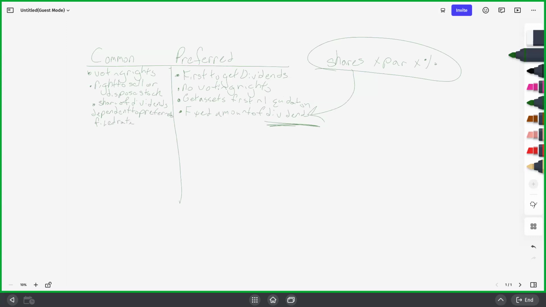There is one more thing for common stock. The last thing in common stock is that we get a purchase proportionate share of any common stock later issued, otherwise called preemptive rights.